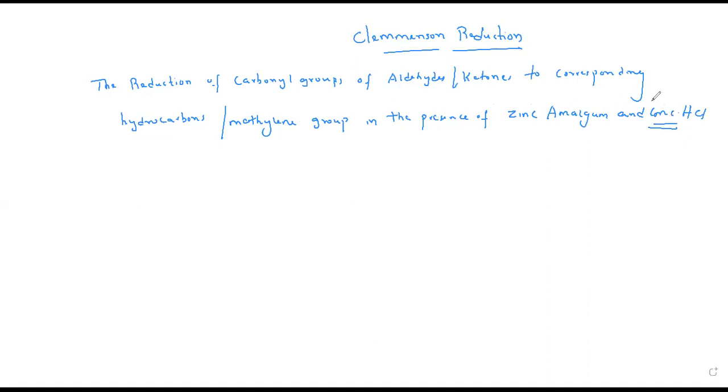So better I will write zinc amalgam and excess concentrated HCl. So this reaction you can call it as Clemmensen reduction.